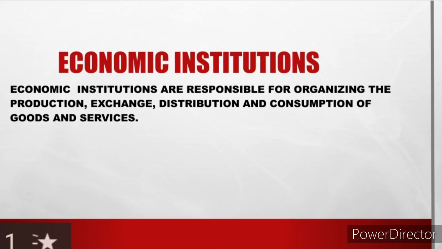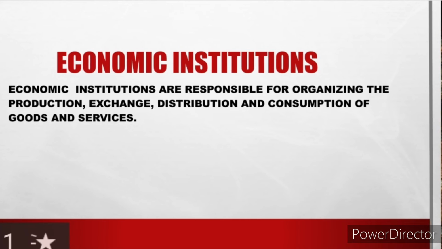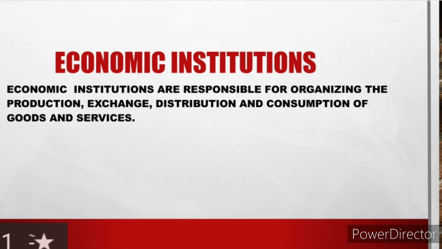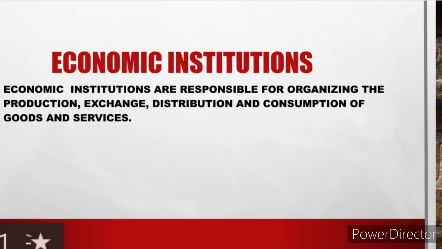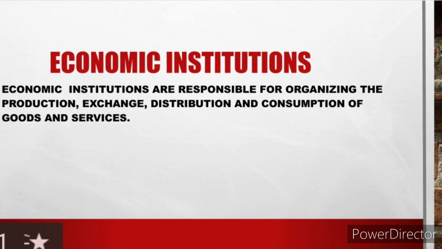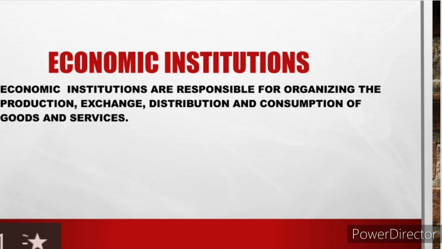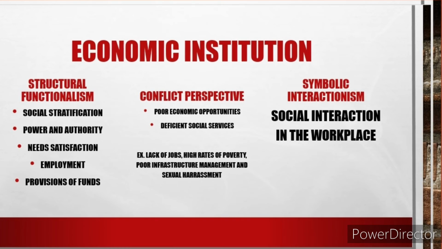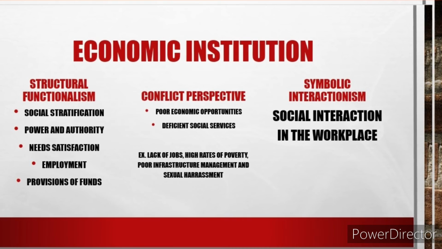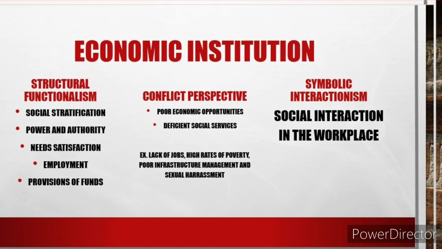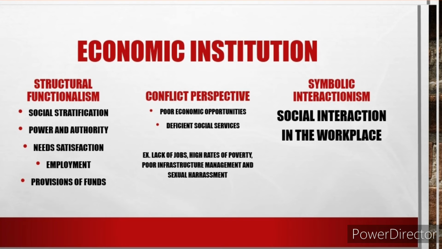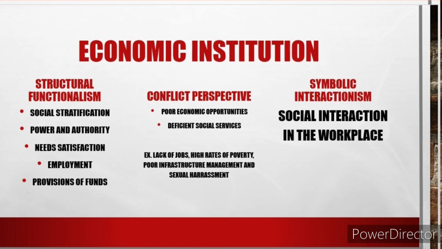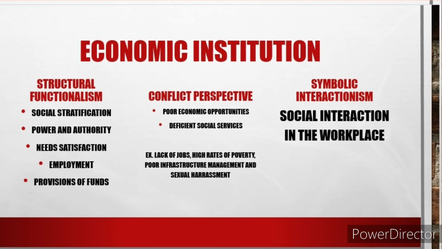Among other things, economic institutions have decisive influence on investment in physical and human capital, technology, and industrial production. Structural functionalism in economic institutions includes social stratification, power and authority, needs satisfaction, employment, and provision of funds.